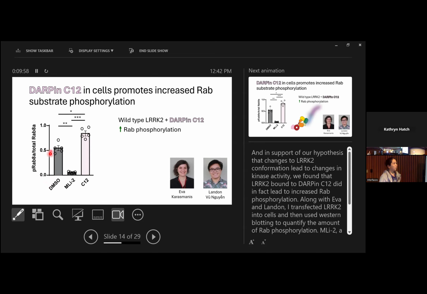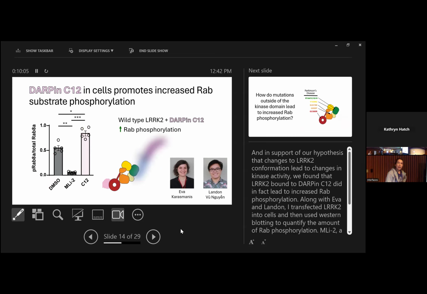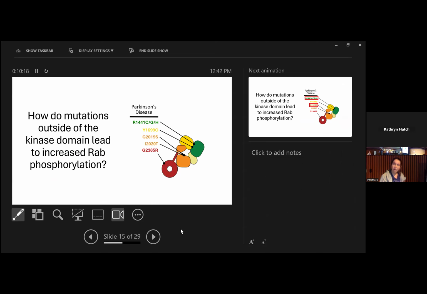So here you have regular kinase activity when there's inhibitor present, and then this increase with DARPin C12. And again, we really think it's due to that DARPin keeping the arm from actually draping across the kinase domain, which makes the kinase more accessible, and Rabs are able to, at a higher rate, come through and be phosphorylated.